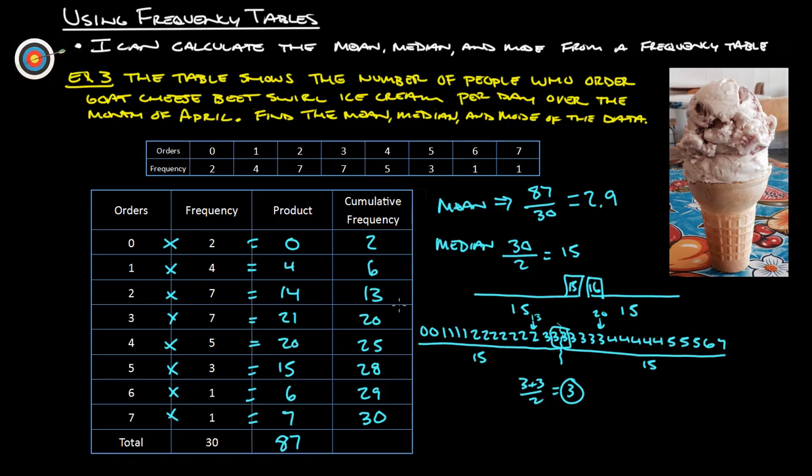So we know that 15 and 16 are going to lie between 13 and 20, because we passed 15 and 16 to get up to 20. The easy way to do this is: up through 13, we haven't gotten to 15 and 16 yet. Up to 20, we've gotten past 15 and 16. So then we know for sure that our median has to be 3, because that's where the 15th and 16th numbers are going to lie.